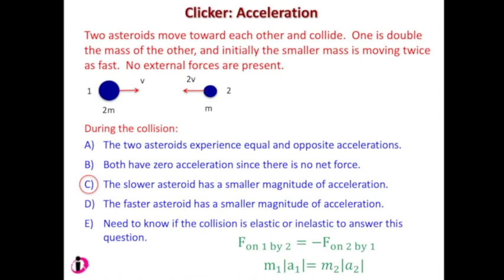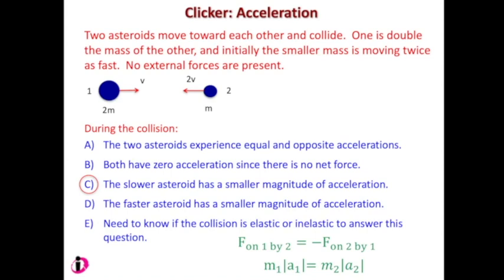The amount of time one is in contact with two is equal to the amount of time two is in contact with one. And so if the forces are equal, then the delta P's are going to be equal and opposite as well. So the change in momentum for each is equal and opposite. And so let's pick an example of one of these. So let's say the completely inelastic case, which we know is valid, where they collide and stick together and stop in the middle.